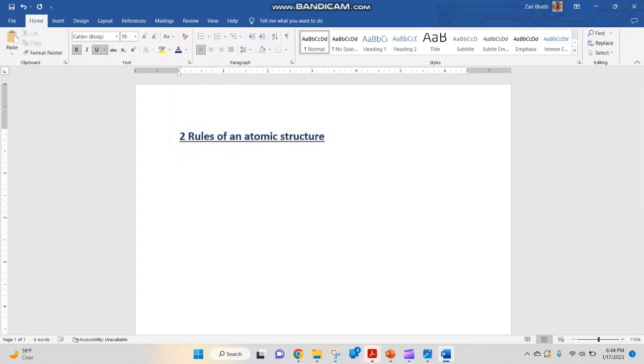The first rule says that the number of protons in the atom are always equal to the number of electrons.